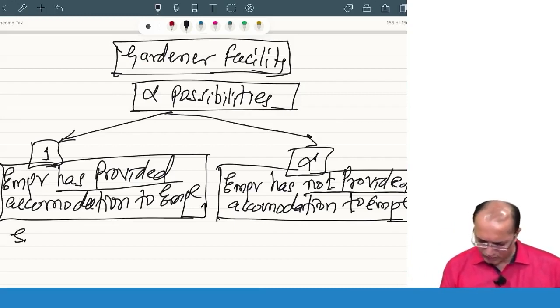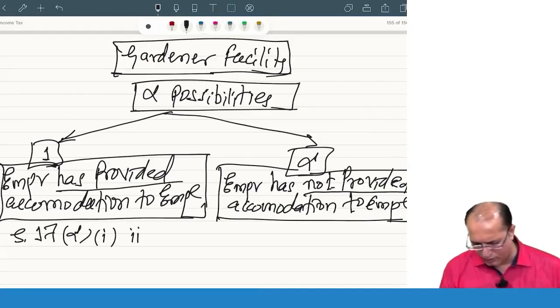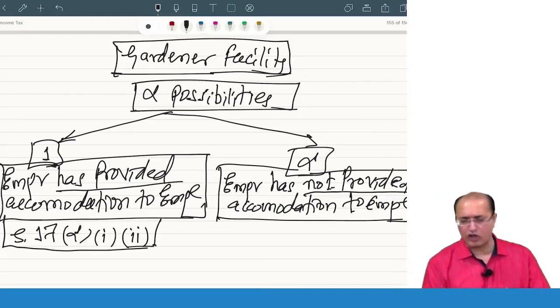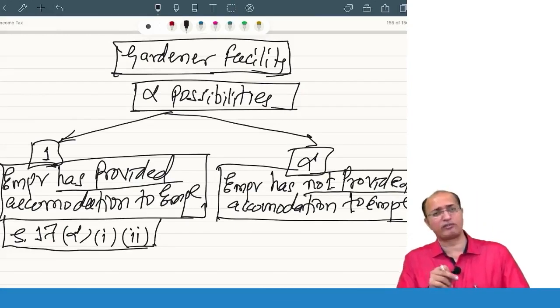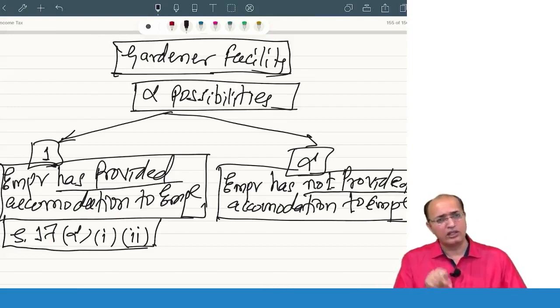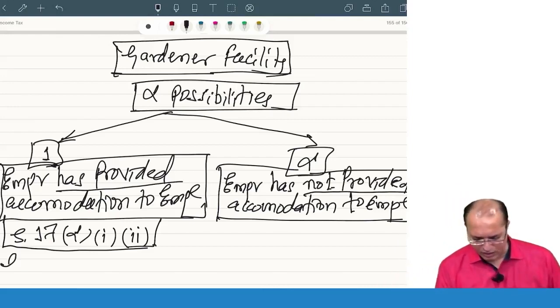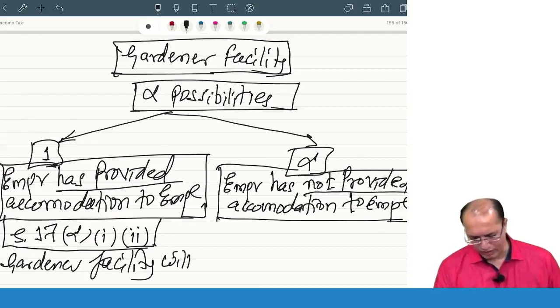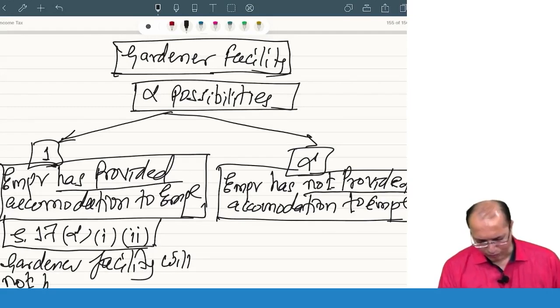If the employer has provided accommodation, then that accommodation will be taxable to you under section 17(2) clause 1 or 17(2) clause 2. If the employer has provided you accommodation, then the accommodation value is taxable as per 17(2) clause 1 or clause 2. Here the government says this gardener facility will not be taxed separately.